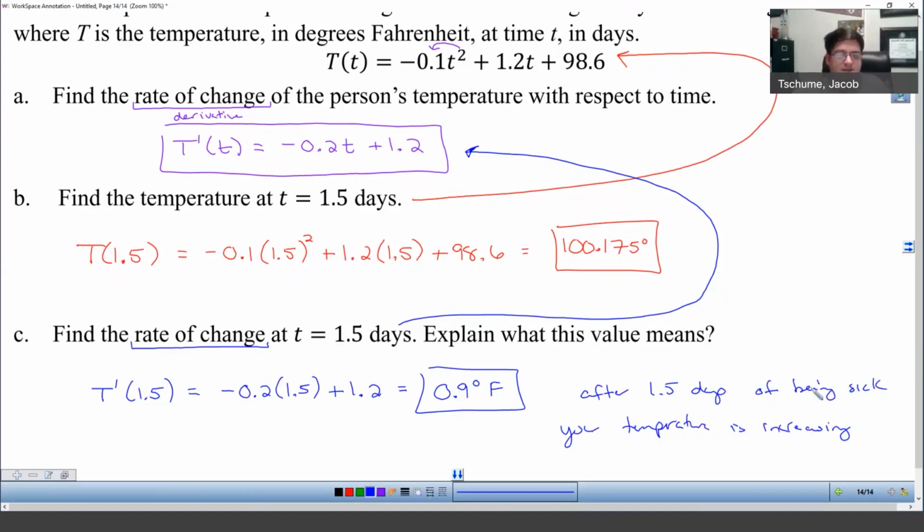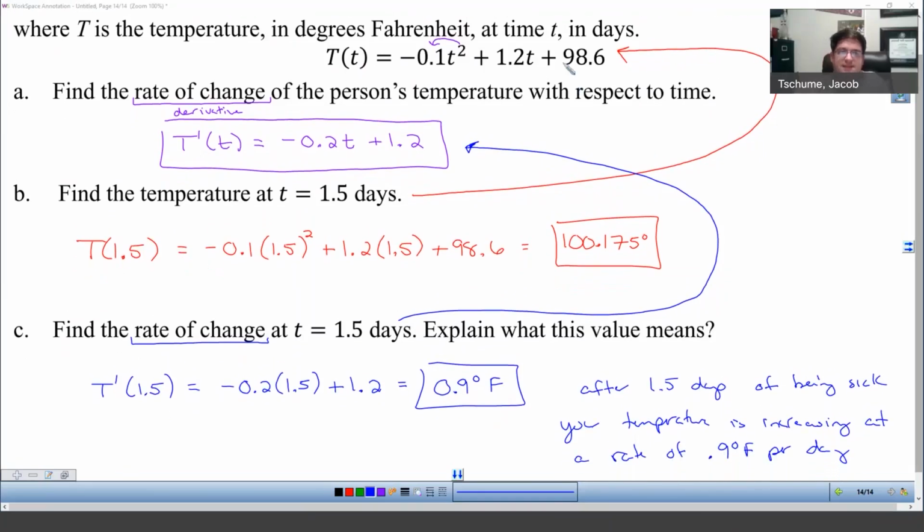So after 1.5 days of being sick, your temperature is increasing at a rate of 0.9 degrees Fahrenheit per day. And I know it's per day because at the very top it says t represents days. So based on this knowledge, it looks like after 1.5 days, you're actually going to end up having a higher temperature a little bit later. What you hope for is you want that rate of change to be negative here, because that means your temperature is going back down and you're starting to get better and feel better as well.